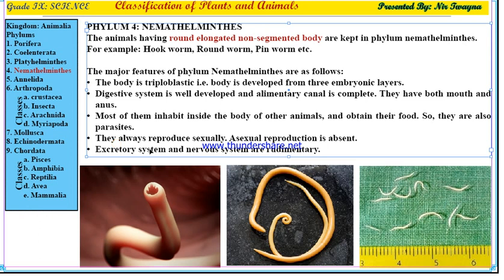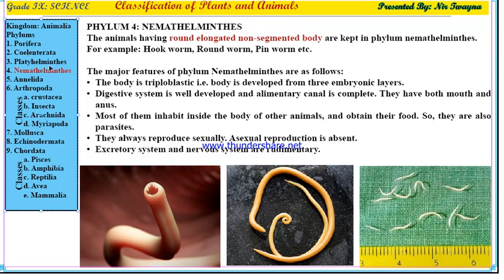And next, they always reproduce sexually. Asexual reproduction is absent. Know this, asexual reproduction is the feature of lower animals, less developed animals. So asexual reproduction is present in Porifera, Coelenterata and Platyhelminthes.